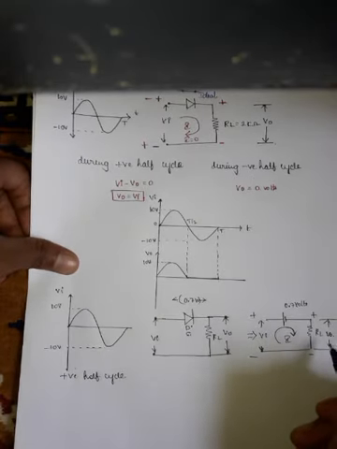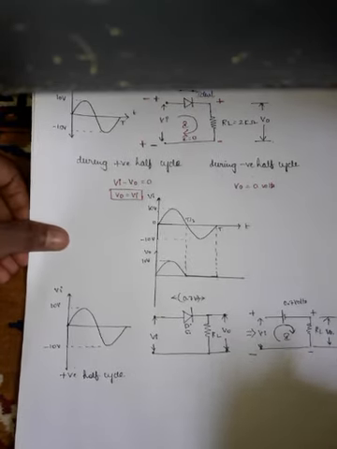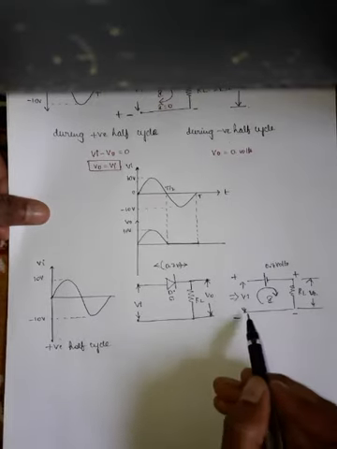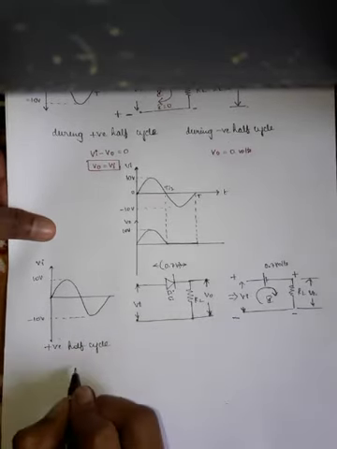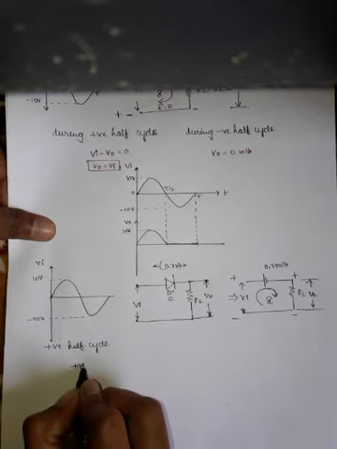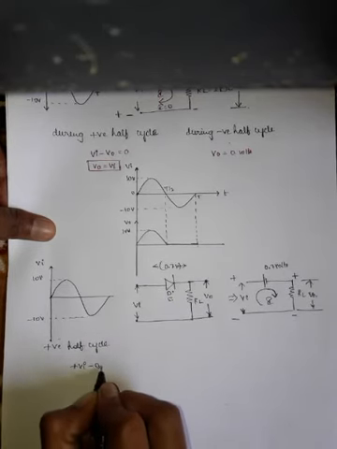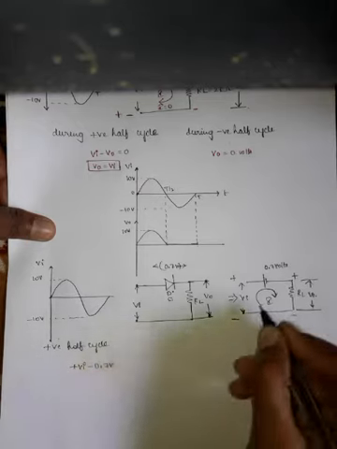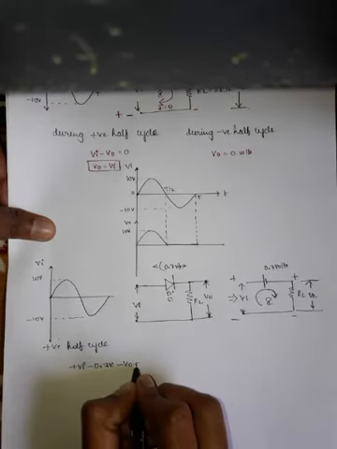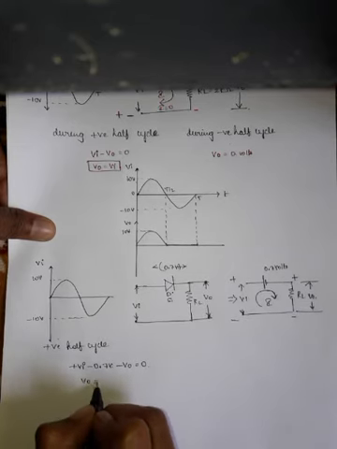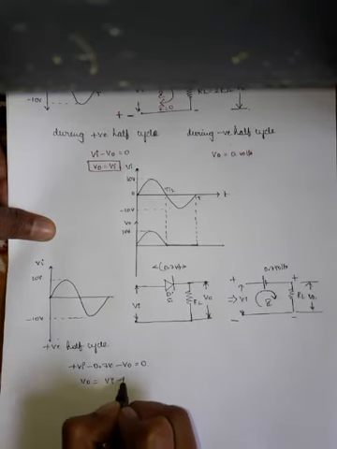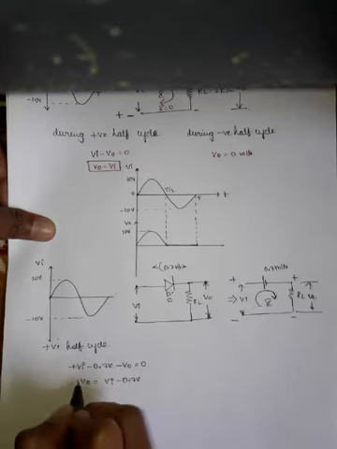In order to obtain the equation for the output voltage, we are going to apply KVL for the circuit. So for this, plus Vi minus 0.7 volts minus V0 is equal to 0. That is, V0 is equal to Vi minus 0.7 volts.